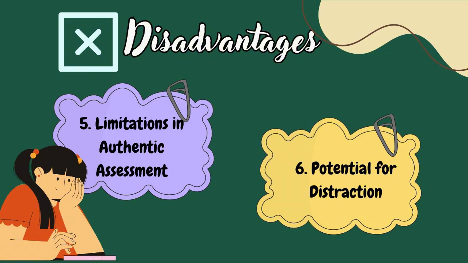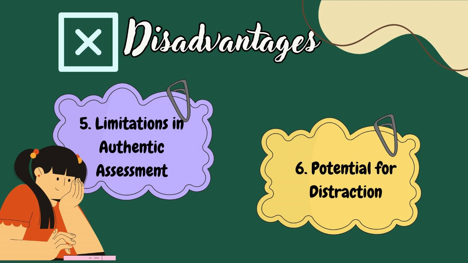Another distraction is the presence of notifications from emails, messages, or app alerts, which can interrupt concentration and disrupt the assessment flow. These notifications can divert attention away from the assessment task, leading to decreased productivity and potential errors in responses.